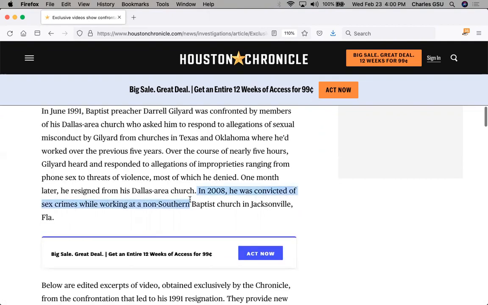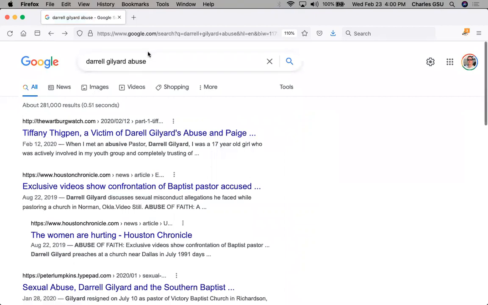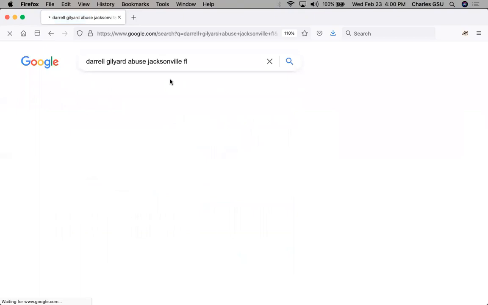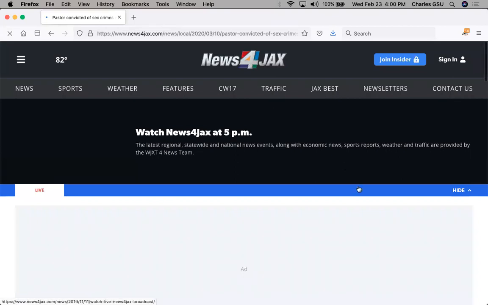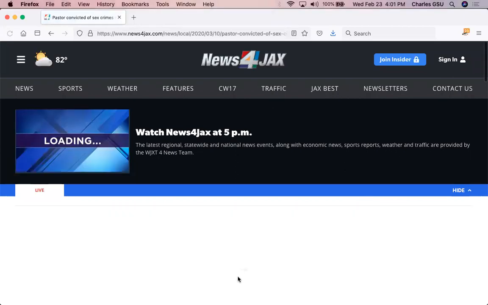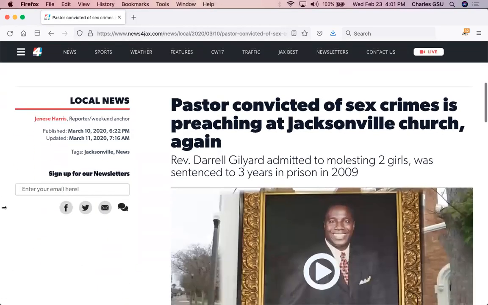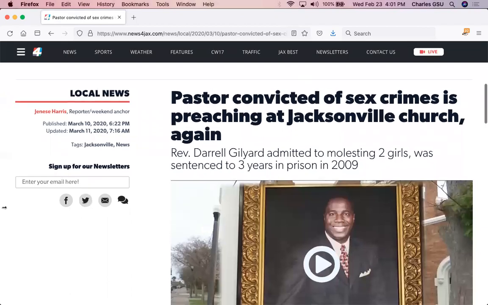In 2008, he was convicted of sex crimes while working as a non-Southern Baptist church in Jacksonville, Florida. So, do we want to know this? Well, I think a lot of people would say yes. I want to know if there's someone either in my community or my church who's been convicted of this kind of crime, right?